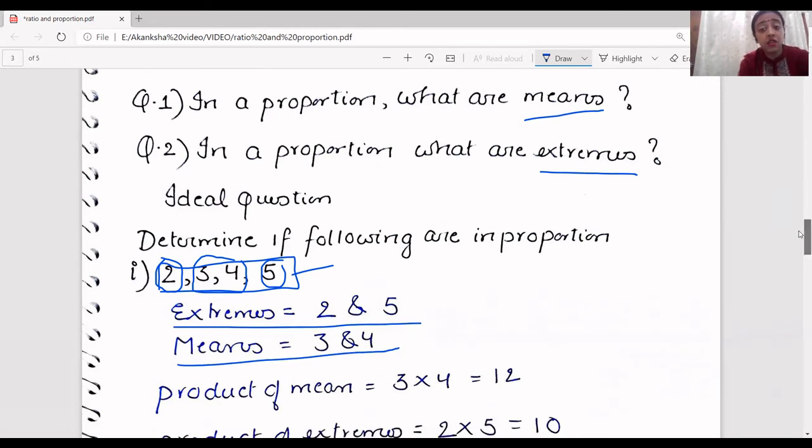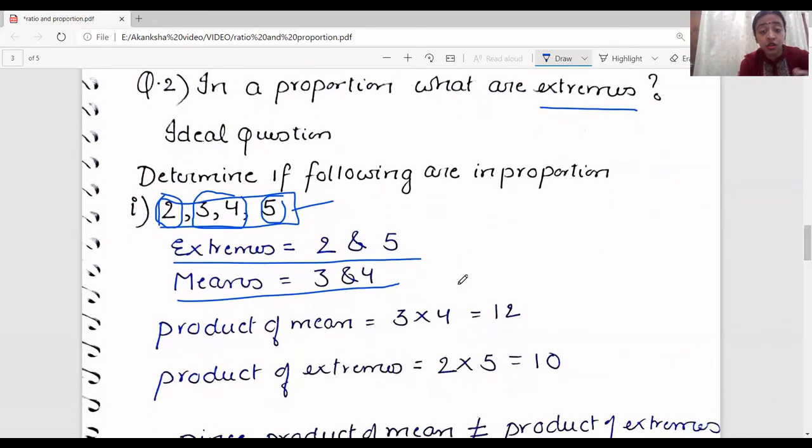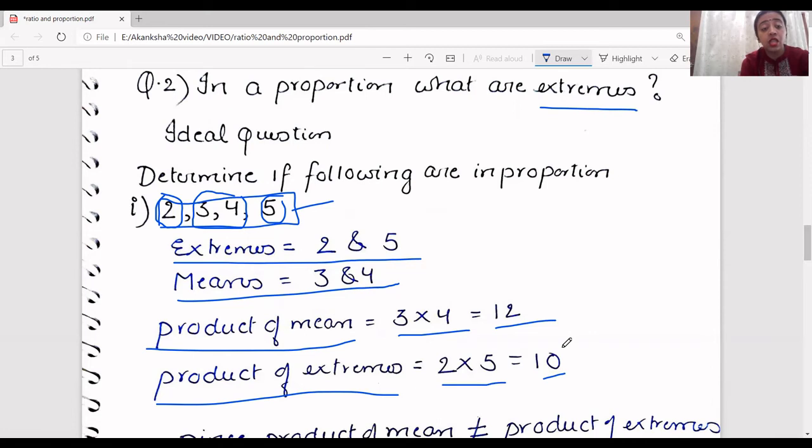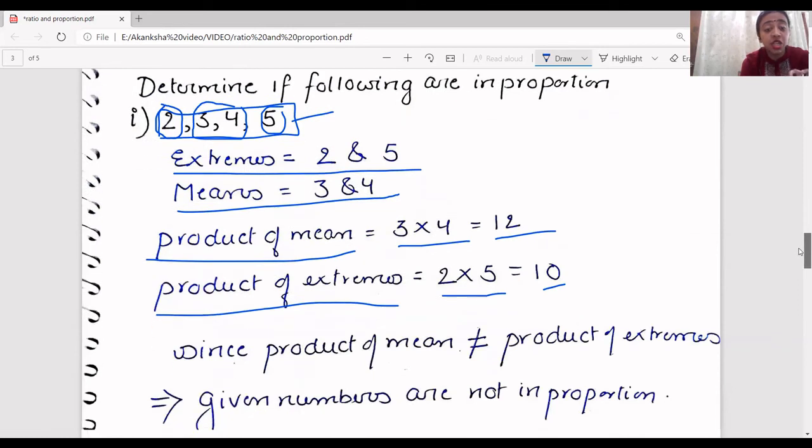To find out whether they are in proportion or not, we need to find the product of means and the product of extremes. Product of means, 3 into 4, gives you 12, and product of extremes, 2 into 5, gives you 10. Now, to find out if they are in proportion or not, you have to see that the product of means and the product of extremes should be equal.